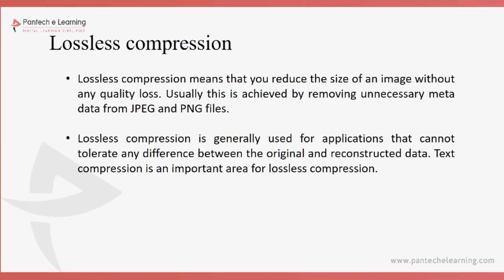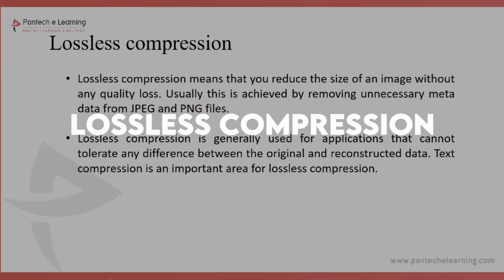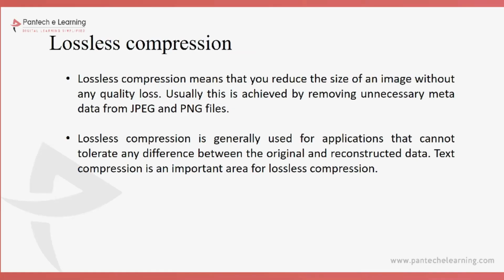From that, whenever we are working with lossless compression, the main motto is that whenever we convert into any format, the image quality should not be lost. At the same time, the size of the image should be reduced.